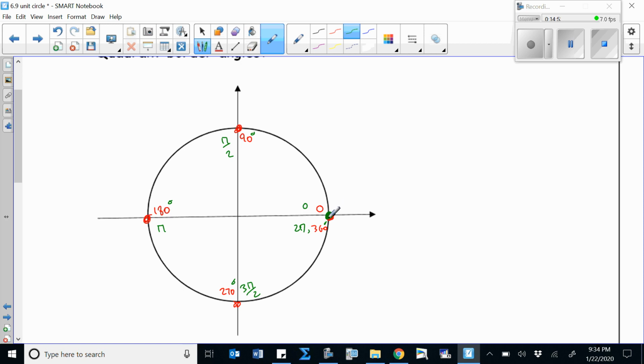How do I find the coordinates of this point? We know that this is a unit circle. So on a unit circle, again, radius is equal to 1. So if I consider this point, the distance between this point and the origin is the x value.